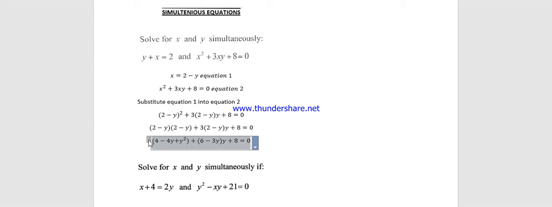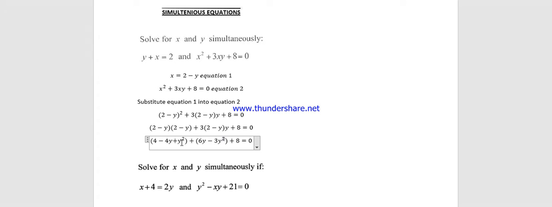So now we solve this bracket again. y times 6 is 6y, and y times 3y, you're going to get 3y squared. Let us put a square there. It becomes 3y squared.